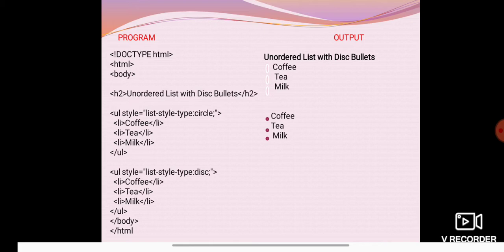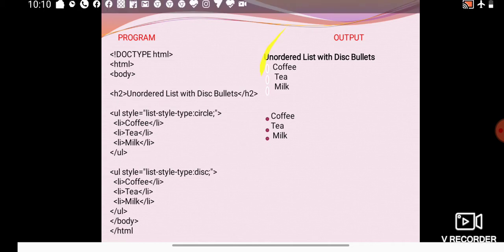The second UL list is displayed with the disc type. The same items are here, but the difference between these two is the type. The first UL list is circle type, and the second list is disc type. Both are unordered lists, just the type is different.